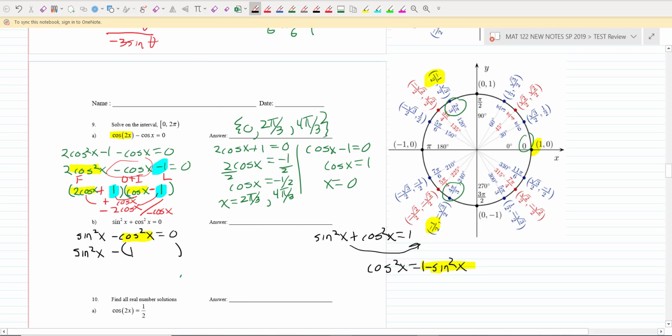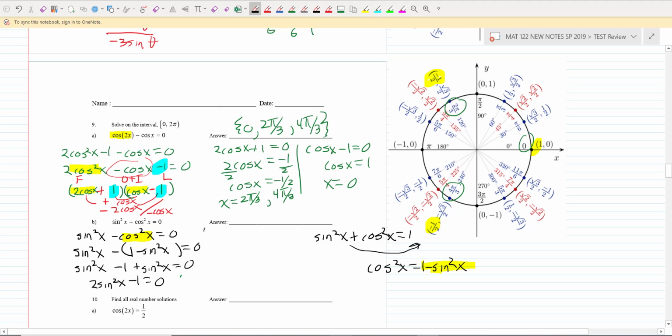Okay, now if you do it this way, be sure that you're real careful about putting that in a set of parentheses. So what I'll have now is sine squared x minus (1 minus sine squared x) is equal to 0. Okay, these are like terms. Sine squared plus sine squared is 2 sine squared x minus 1 equals 0.